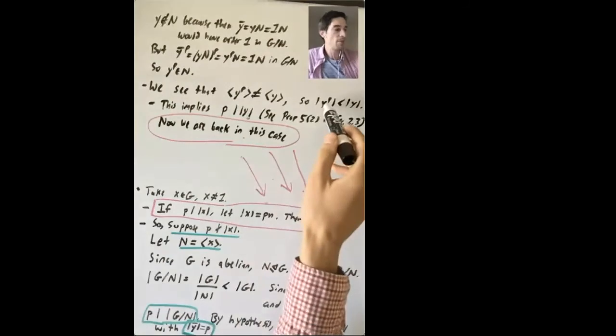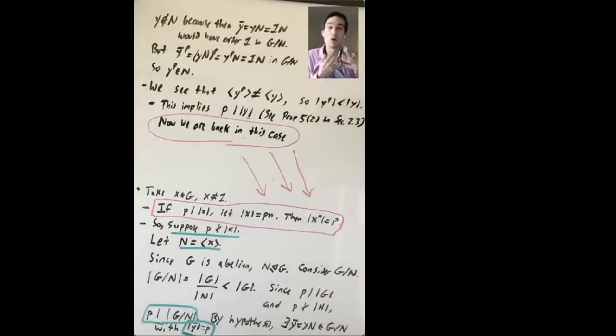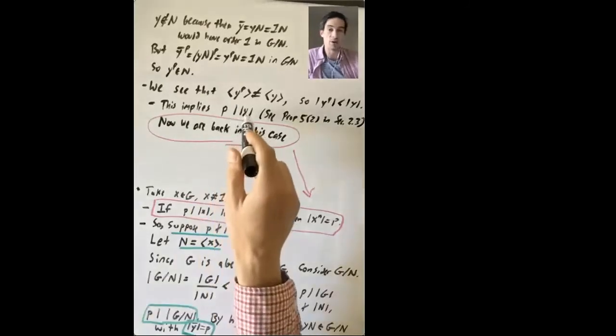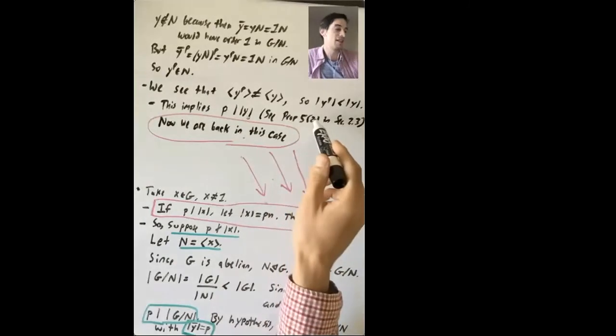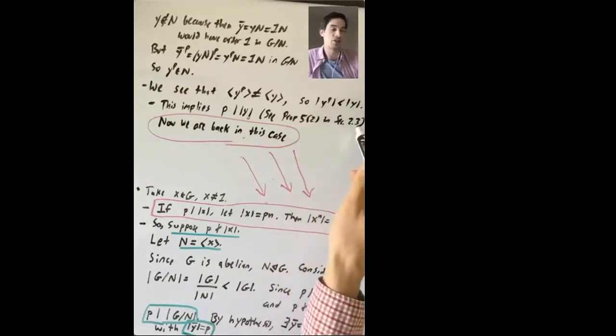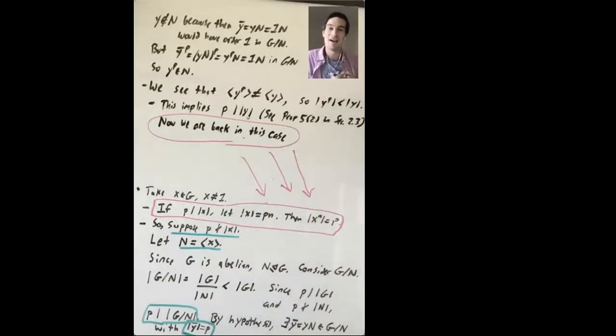We've taken y, raised it to the pth power, and the order has gone down. That means that p has to divide the order of y. You can think about that and try to prove it. This is the second part of Proposition 5 in Section 2.3. I don't think I proved that earlier in the lecture where we talked more about cyclic groups, so it's a little exercise, or you can look it up.